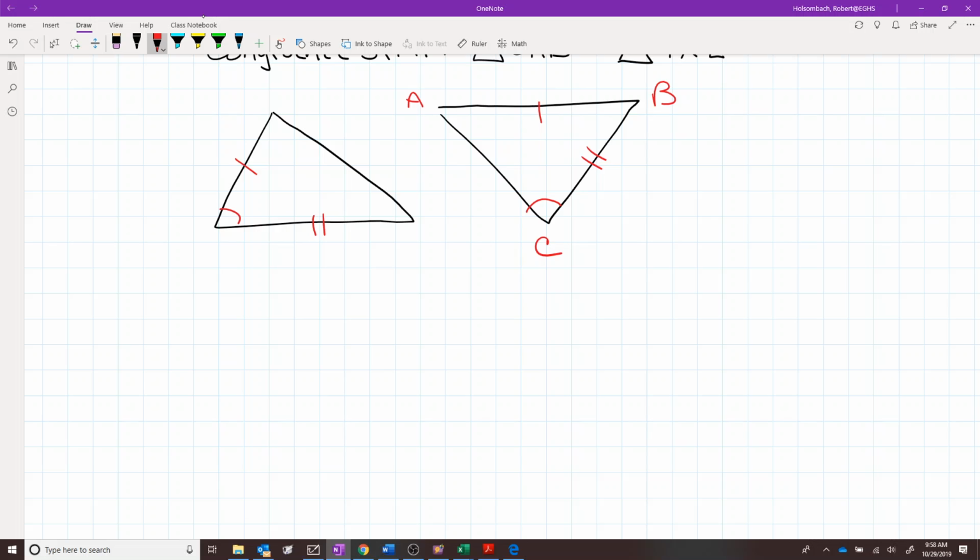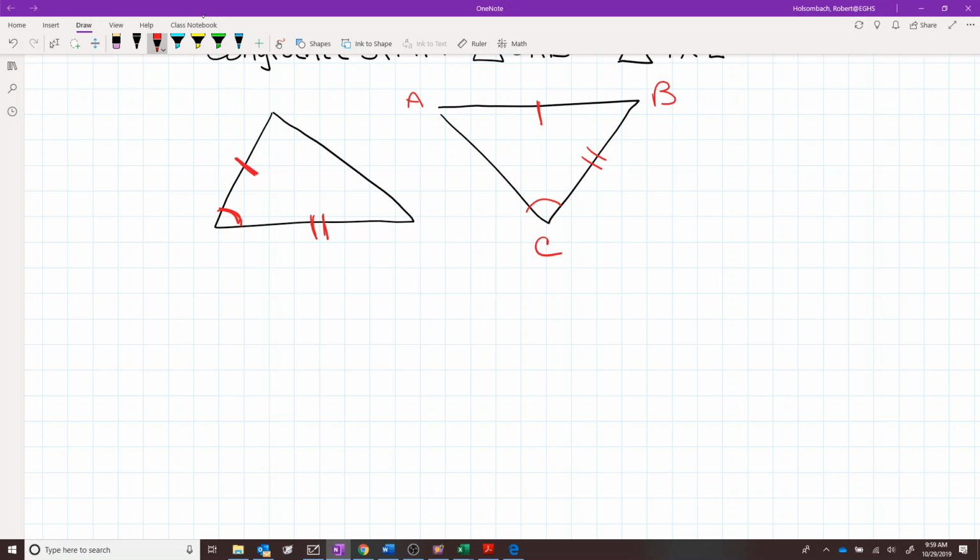Are these two triangles congruent? Are those two triangles congruent? This would be a case where the triangles are not congruent by side, angle, side. We said that it had to be a side, an included angle, and a side congruent to a side.